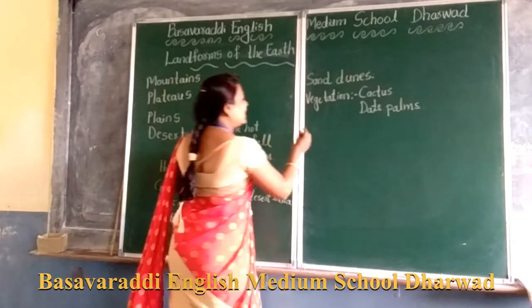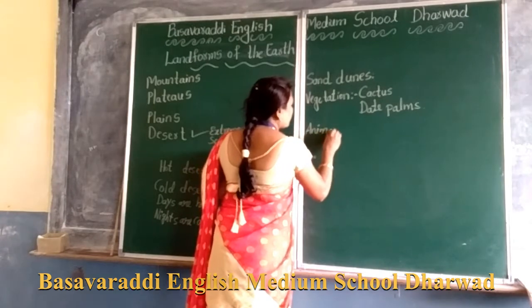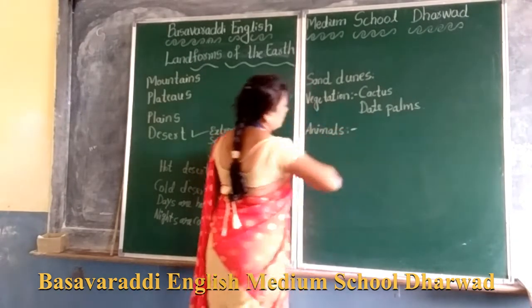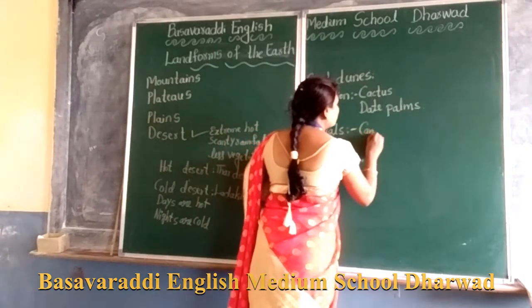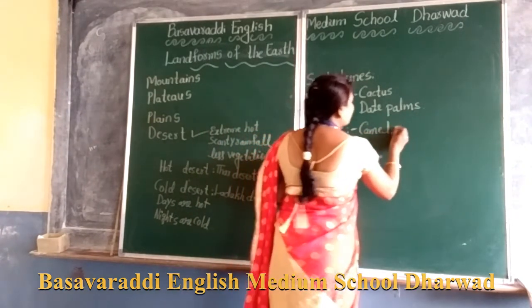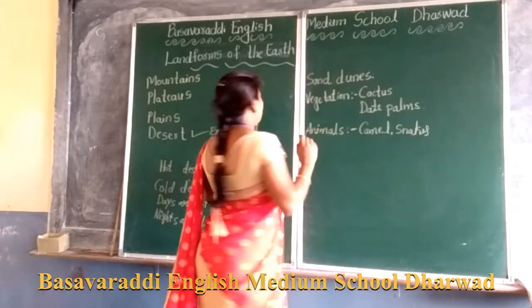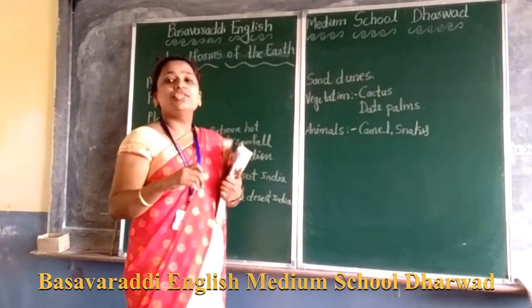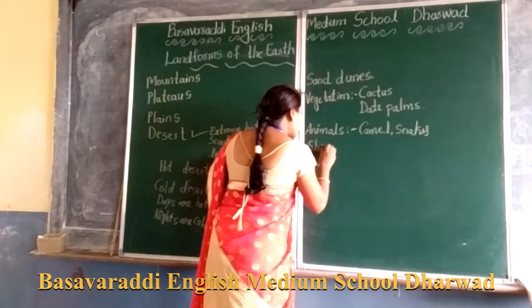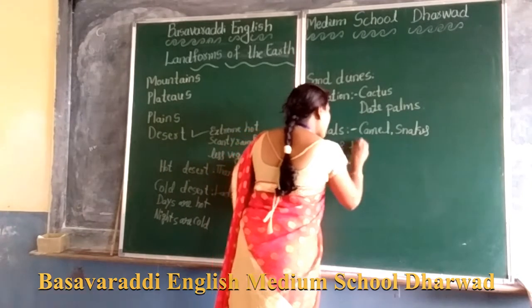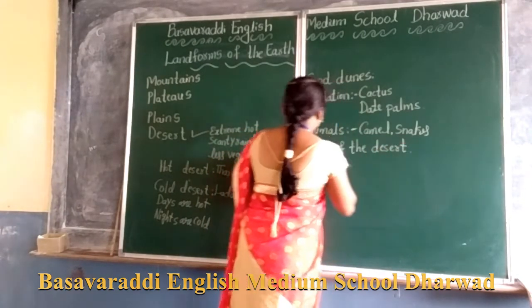Next, wildlife or animals. Animals: camel, snakes. In desert region, camel is called the ship of the desert.